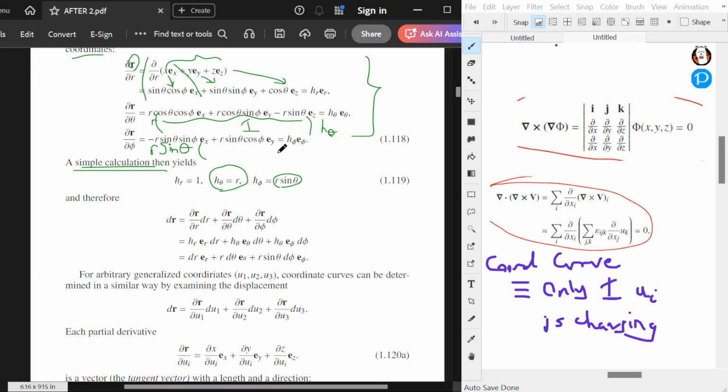Sine phi plus cos phi. But you also need to include these guys: sine phi e_x plus cos phi e_y.